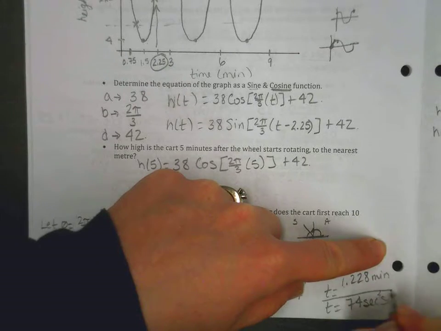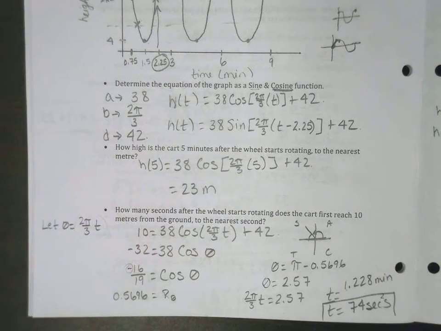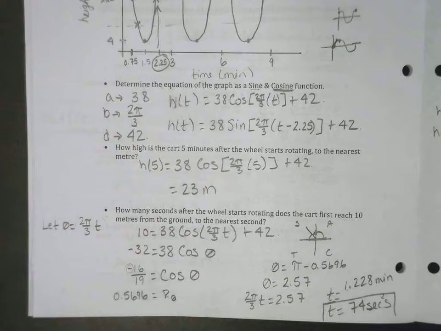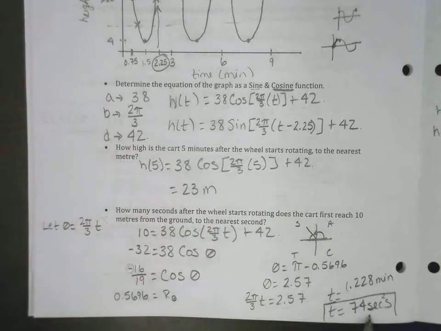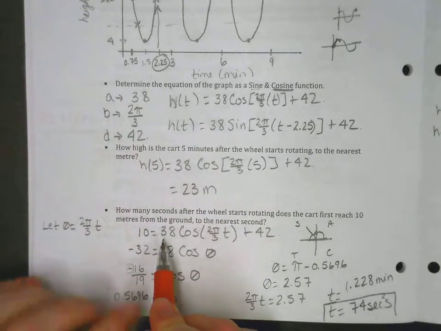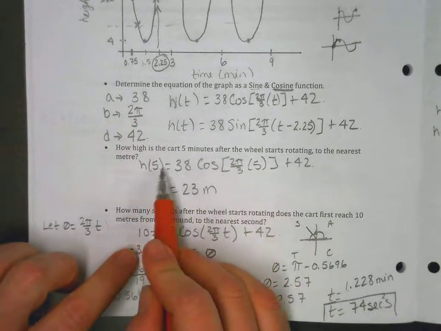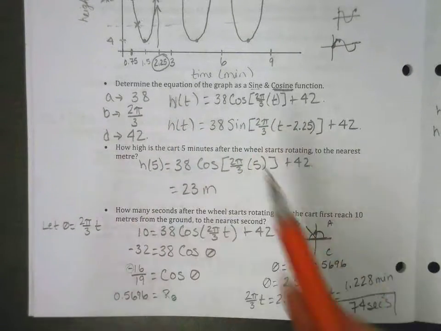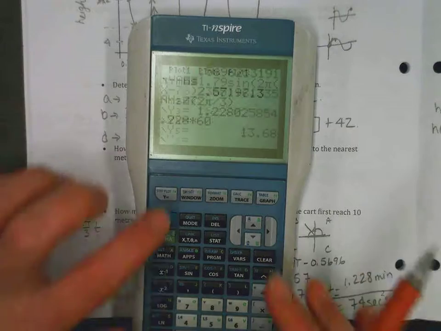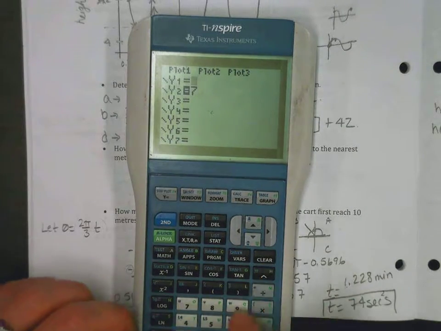If you wanted to check this answer, you could graph this function into your calculator, right? Graph your function into your calculator, and then find the intersection point at y equals 10. So if we put this into our calculator, 38 cos of 2 pi over 3x plus 42, and then I want to see where this meets at the 10 meter mark.